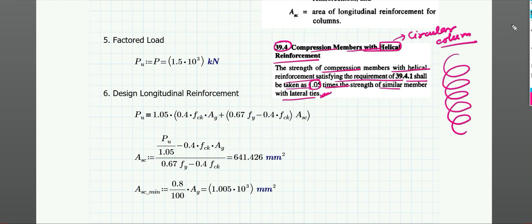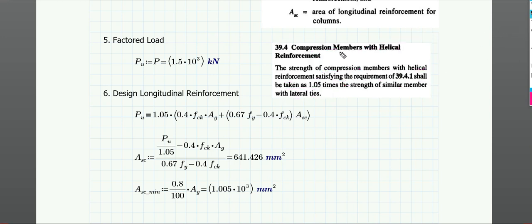So if in one member you have provided simple rectangular or circular lateral ties, and in the other case you are providing helical reinforcement, the column with the helical reinforcement will have a larger strength, around 1.05 times that of the column with lateral ties. As we are assuming that it's a circular column, we are going to use helical reinforcement.